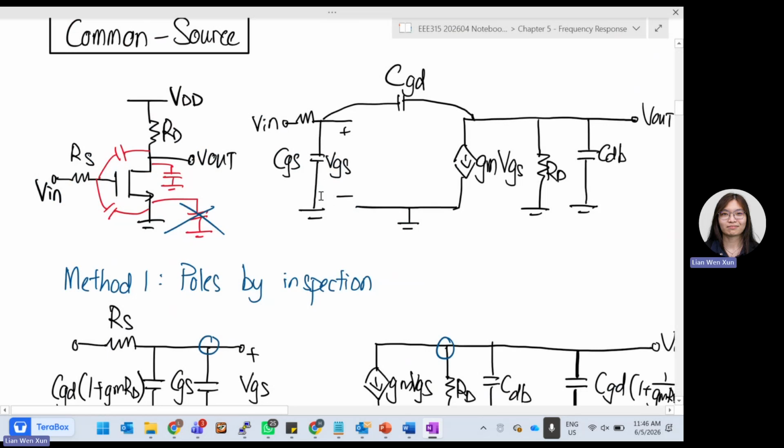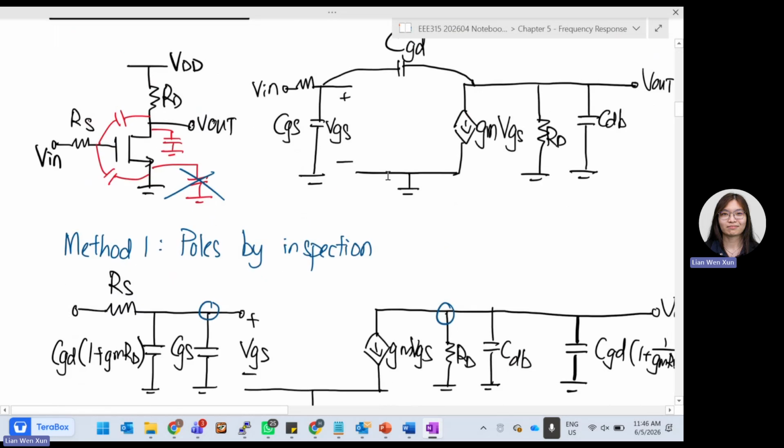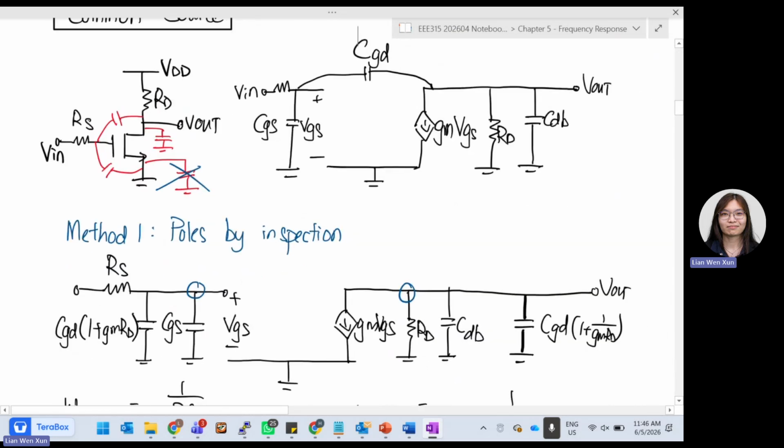Then we will examine, do we actually have a capacitor in between input and output? There is a capacitor between input and output because input is somewhere at the left, output is somewhere at the right, because this is V out, this is V in. So we do have one capacitor between input and output. So from the top small signal model, I can change it a little bit to be the one at the bottom, because we have learned Miller's effect.